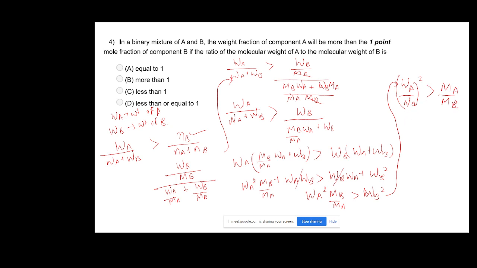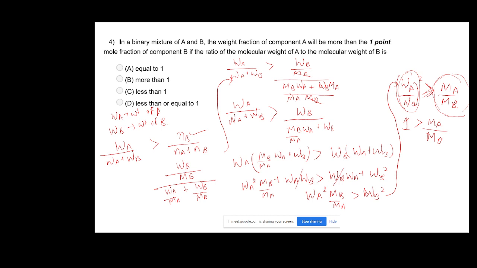So this means that this is the ratio which is like WA by WB. Since the weight fraction is more than this, like WA is more, then this ratio will be greater than 1. And that is why, if you take square also, it will be more than 1.